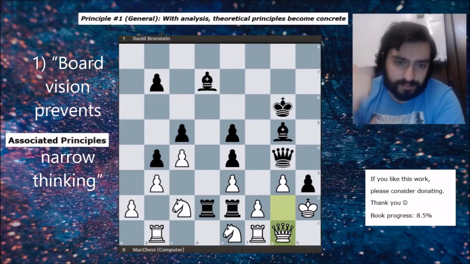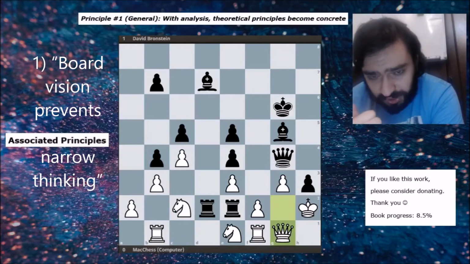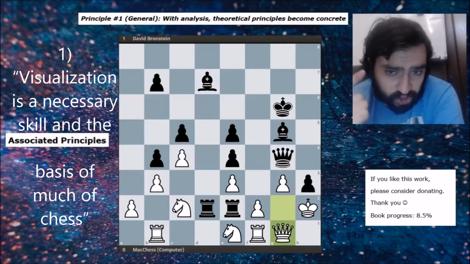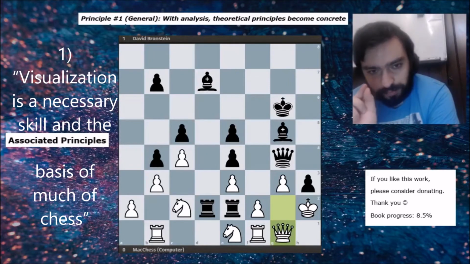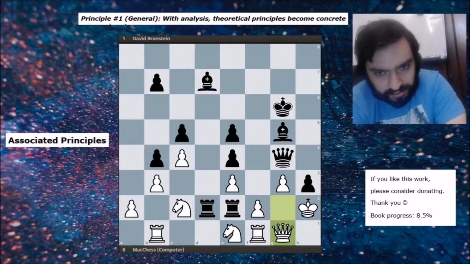First set: board vision prevents narrow thinking, and visualization is a necessary skill and the basis of much of chess. So these two principles are an integral part of analysis.